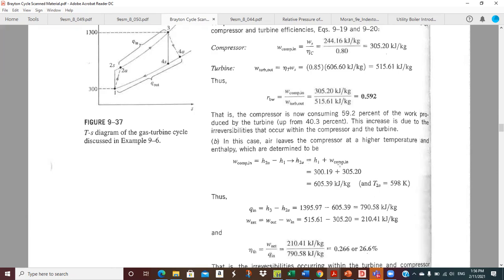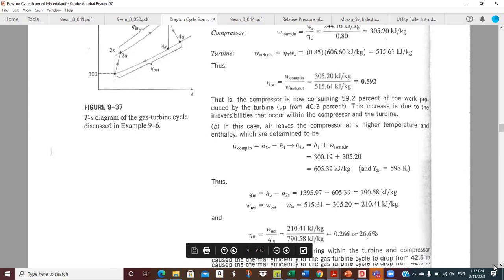H1 is 300.19, and adding the compressor work, the actual exit enthalpy is 605.39. He even went back and interpolated in the table to show what temperature that was: you find it's 598. I don't know if that was really asked, but he did it anyway.